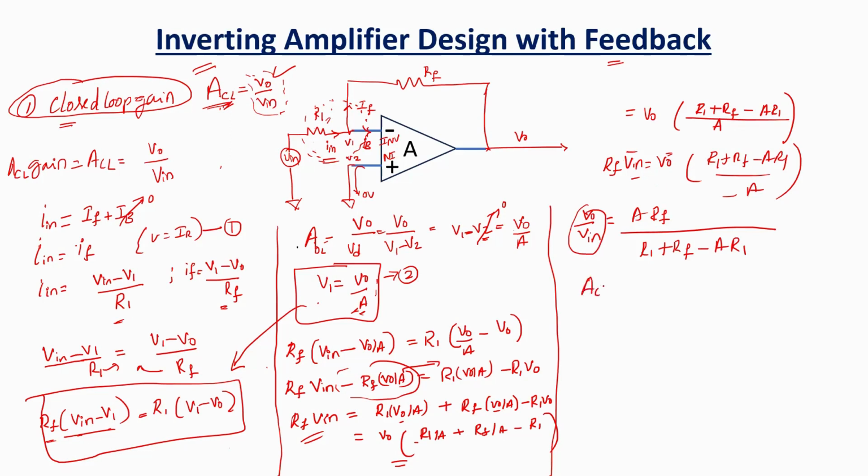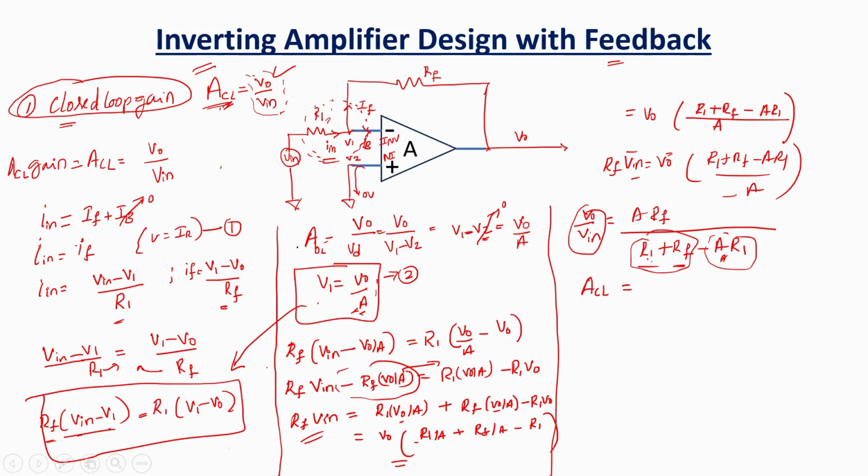This is nothing but your closed loop gain, and now we have to make some assumptions. What are those? R1 and RF as compared to AR1 are very, very small. Why? A is the open loop gain, which is in terms of thousands multiplied by R1.